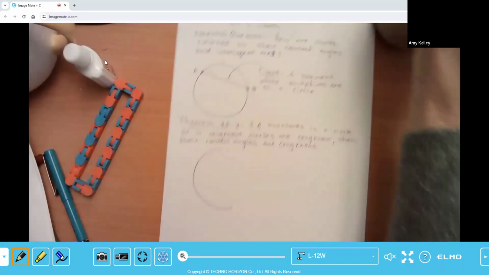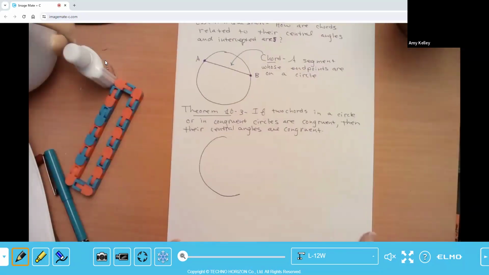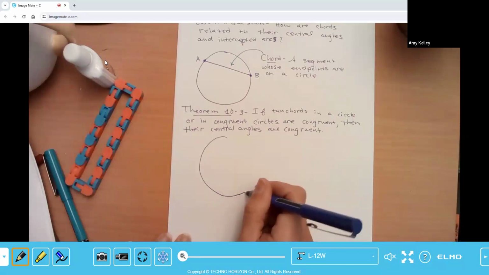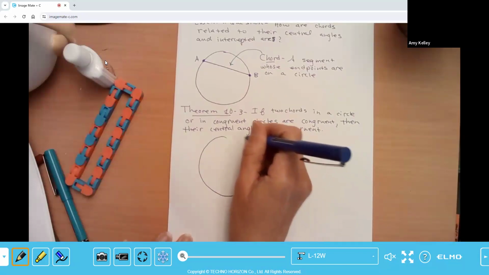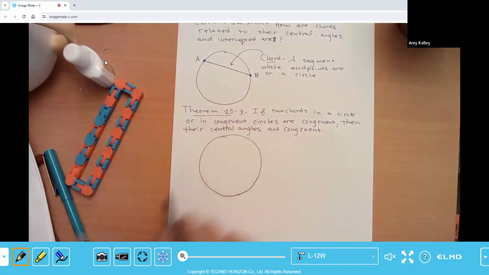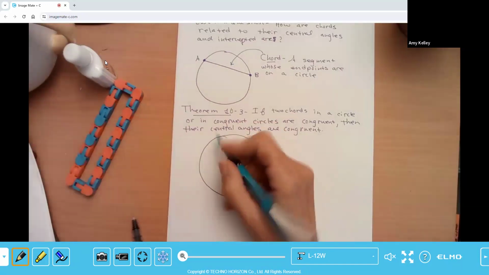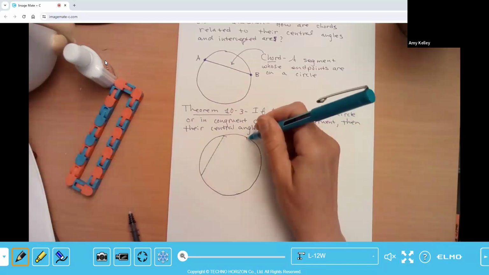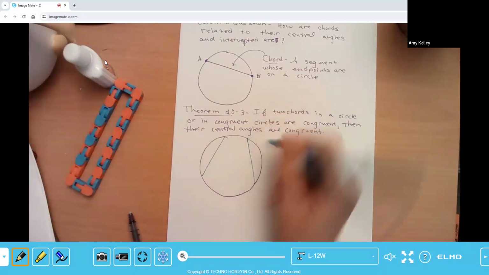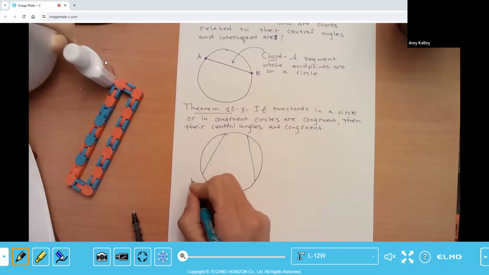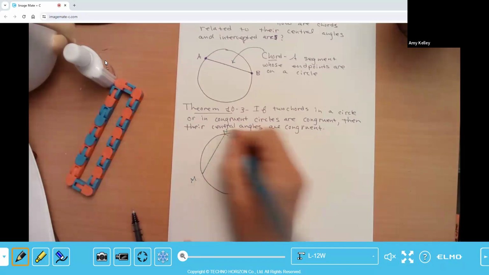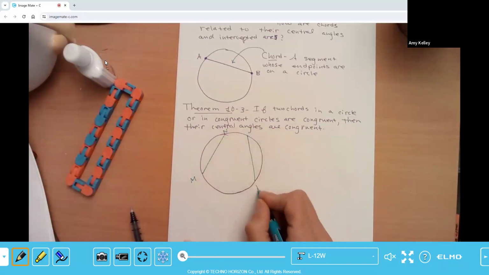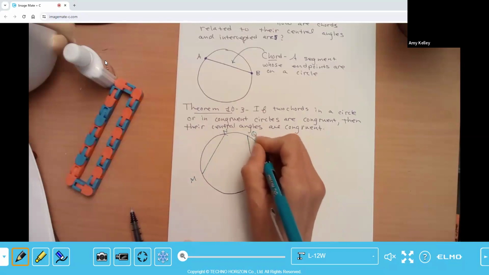If I were to sketch out a circle here, and perhaps I have two chords that are congruent, so they're the same length, I'll call this one MN, and we'll call this one PQ.